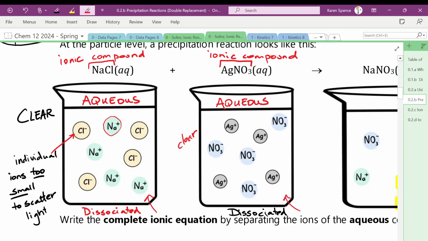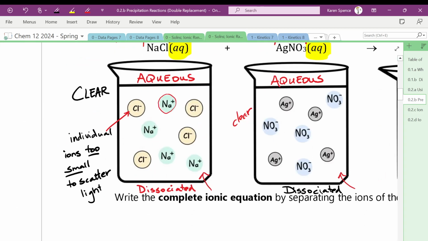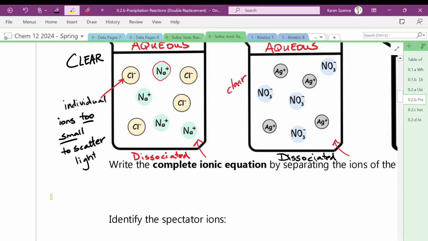And when we're doing a double replacement reaction, our reactants are always going to be aqueous because it just makes our lives easier. Okay? And when they are aqueous, what do aqueous ionic compounds do? Aqueous ionic compounds always dissociate. Okay?